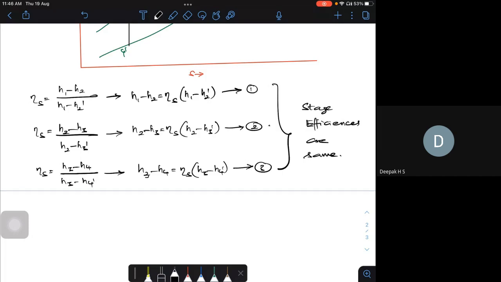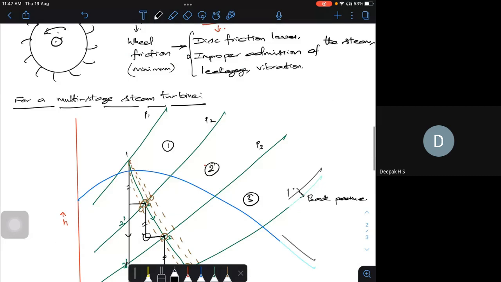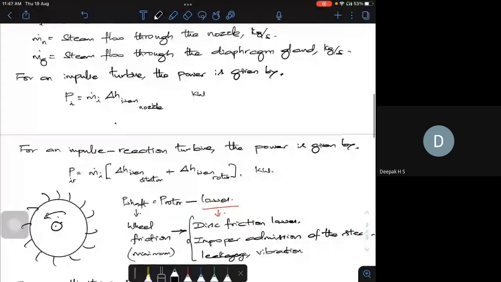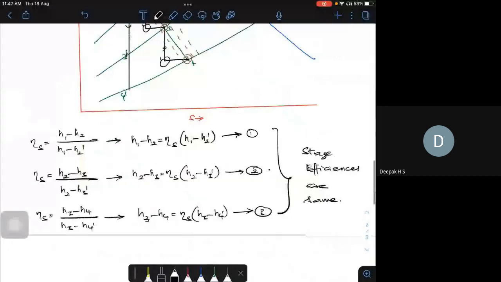Numbers may vary in the second or third decimal, but when you're designing it, all the stage efficiencies should be the same. This is about how the state locus point or the design point is going to change for a single stage and for multiple stages.